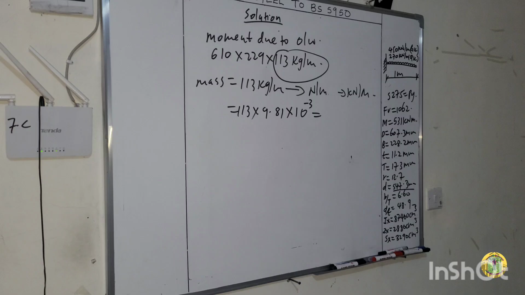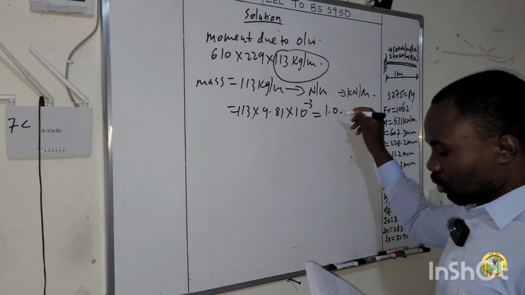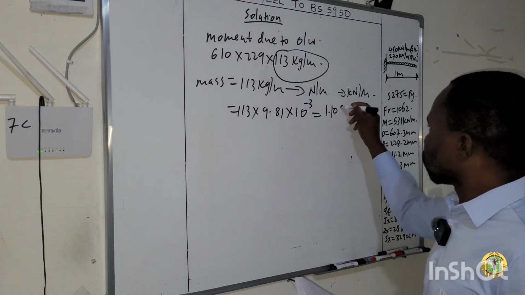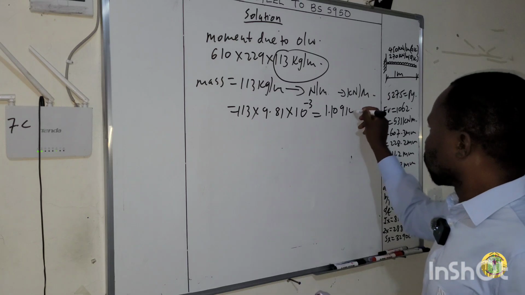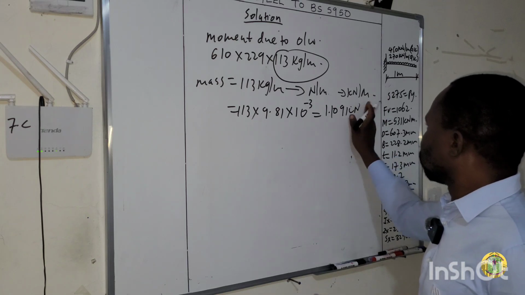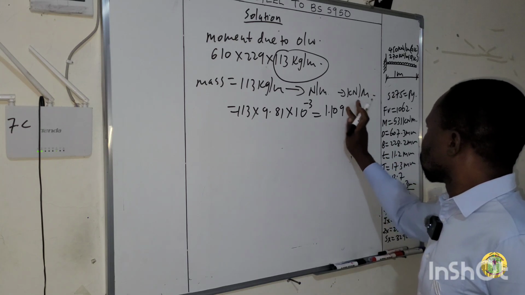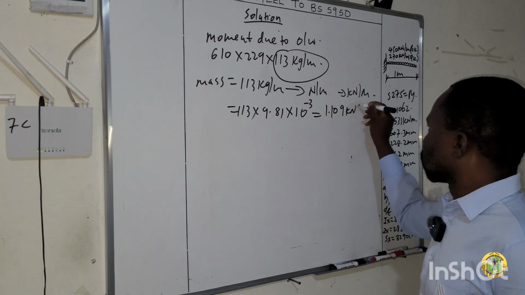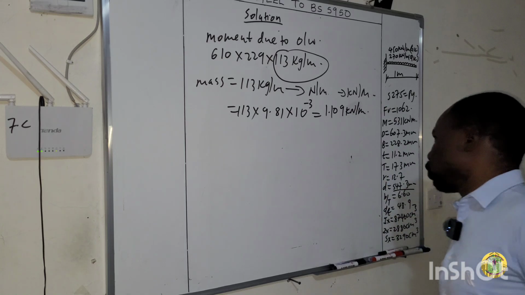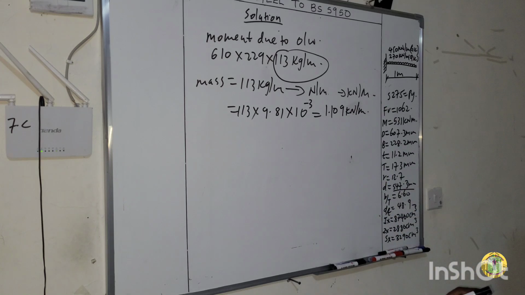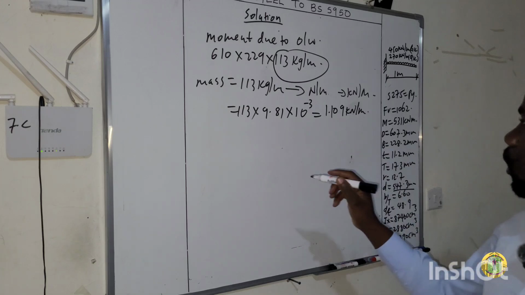So this one is equal to 1.109 kilonewton per meter, not kilonewton meter. And therefore, this is the GK.